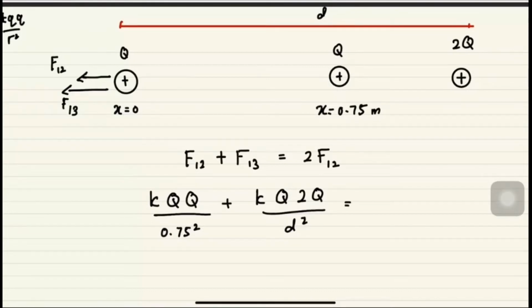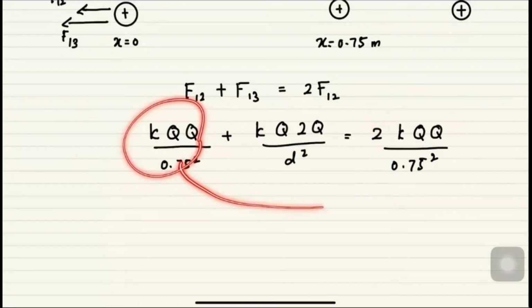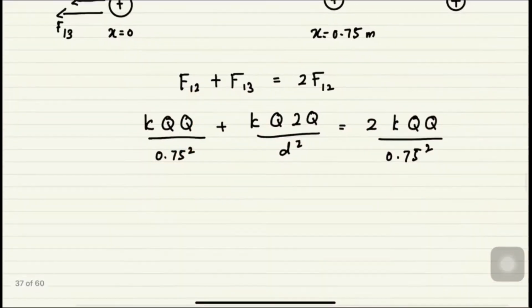This would be similar to the initial one, kQQ over 0.75 squared. So this whole thing and this whole thing is quite similar, except this one has a 2. So I can bring the whole thing over to the other side, it becomes 1. Right, 2 minus 1 is 1, right?